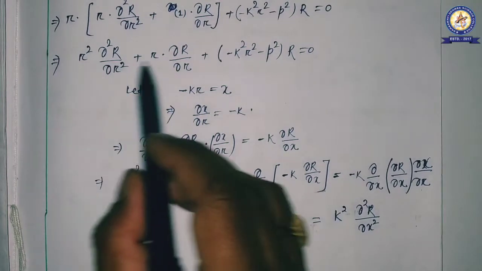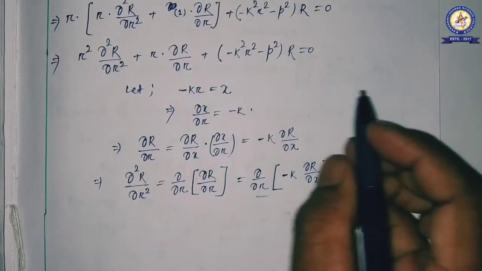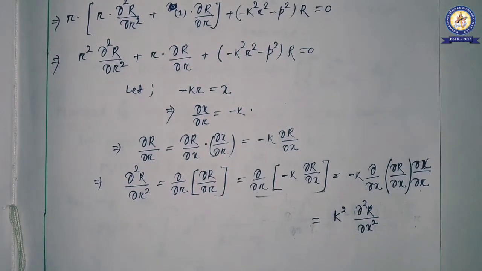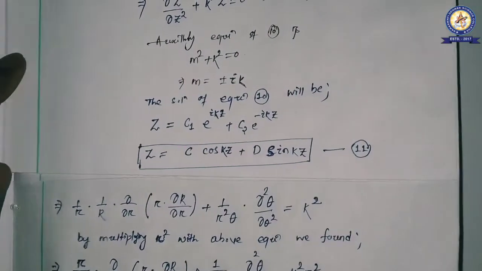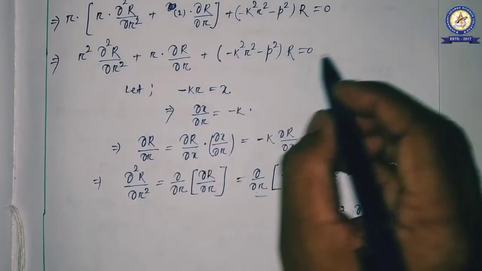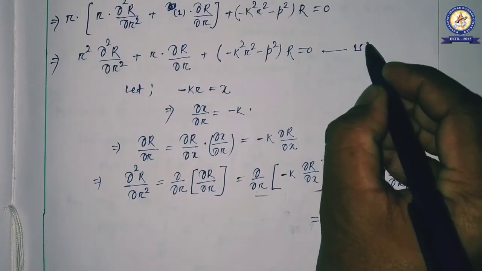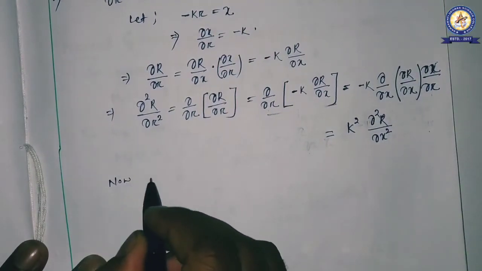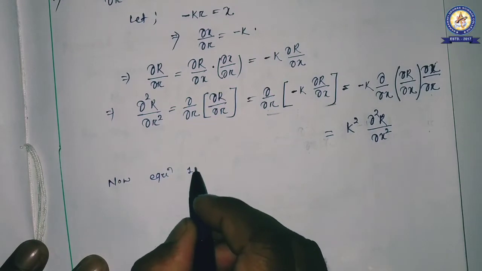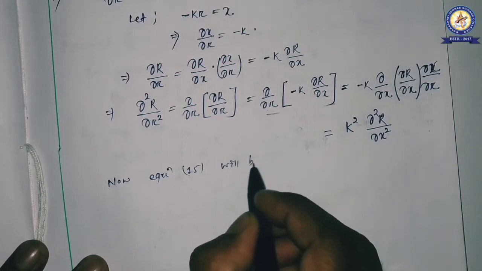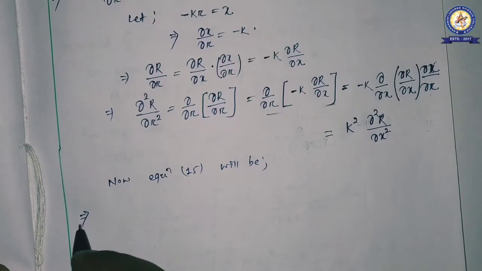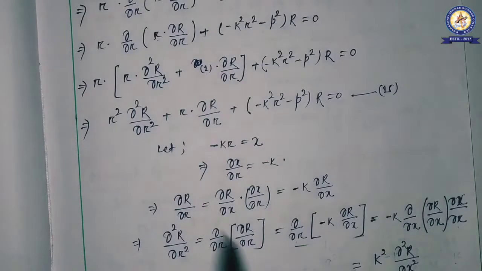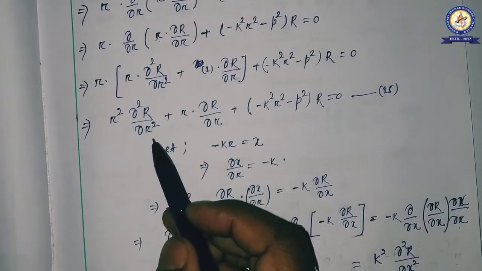So now it is better that we give an equation number to this one. The last equation number was 14, so let this be equation number 15. Now equation 15 will be, here you can see that in equation number 15 del square capital R by del r square is there.